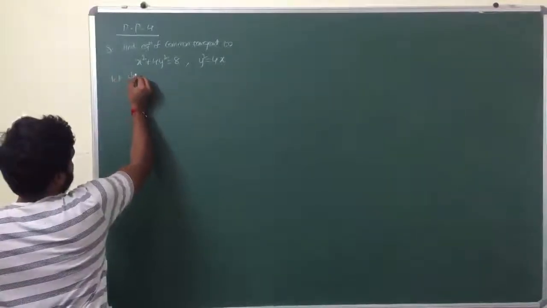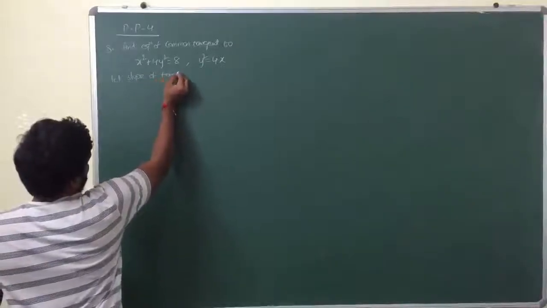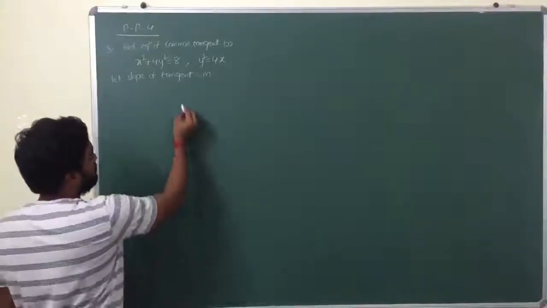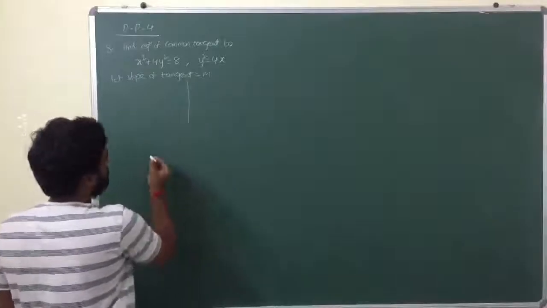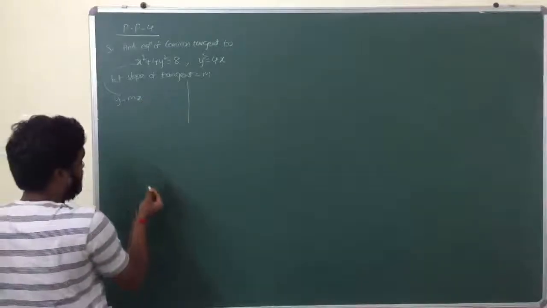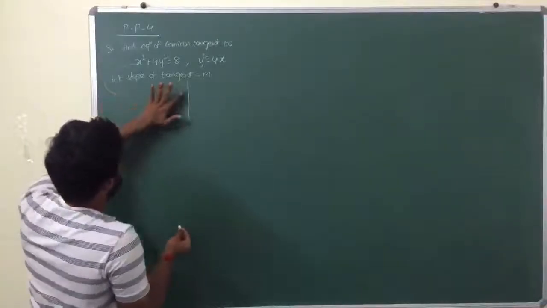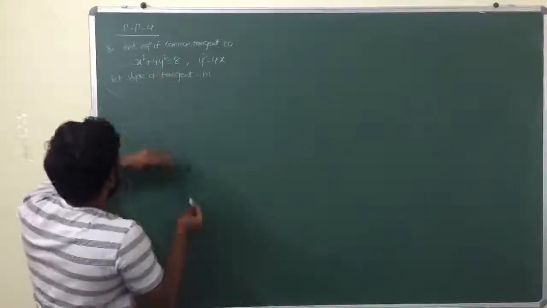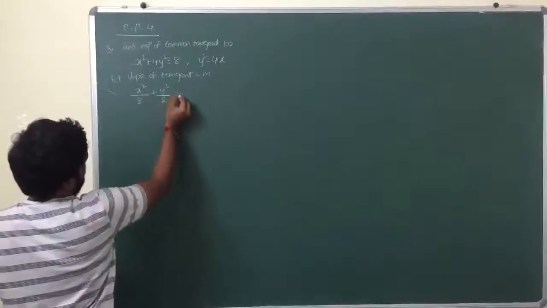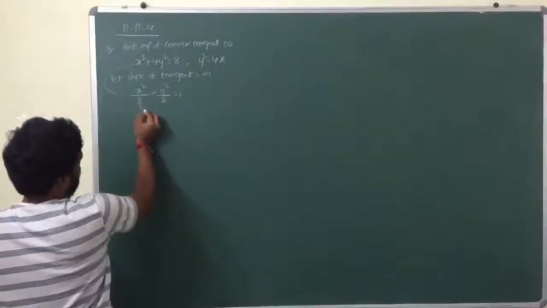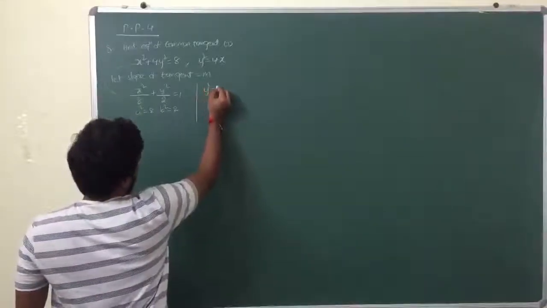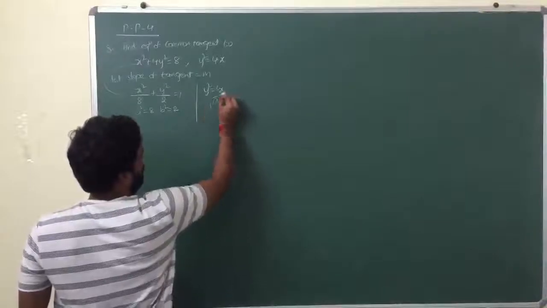Let the slope of the tangent be m. The ellipse can be written as x square by 8 plus y square by 2 is equal to 1, so a square is 8 and b square is 2. For the parabola y square is equal to 4x, a is equal to 1.